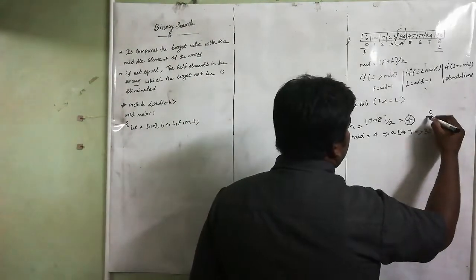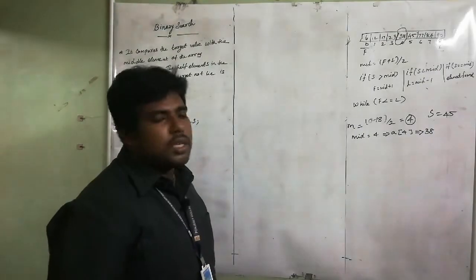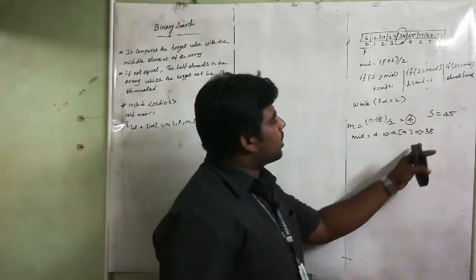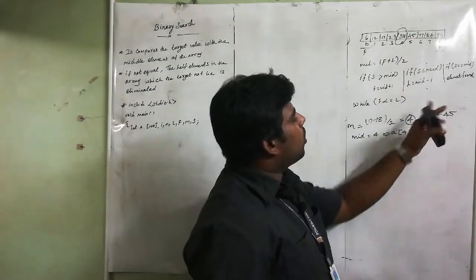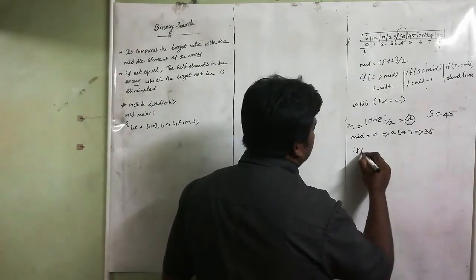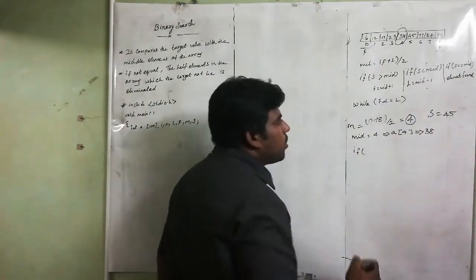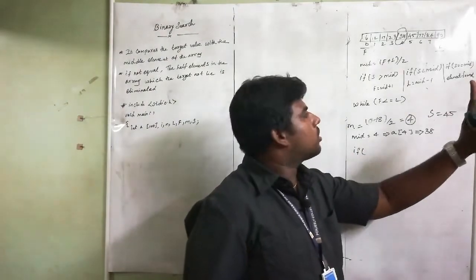Consider my search element is 45. It will check whether 38 is equal to 45. I am going to check three conditions. S equal to mid means the element is present.